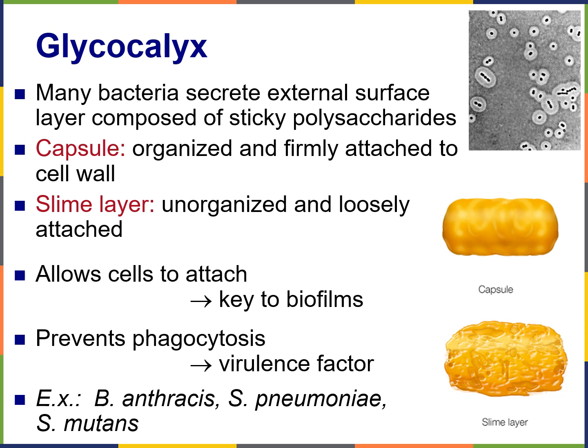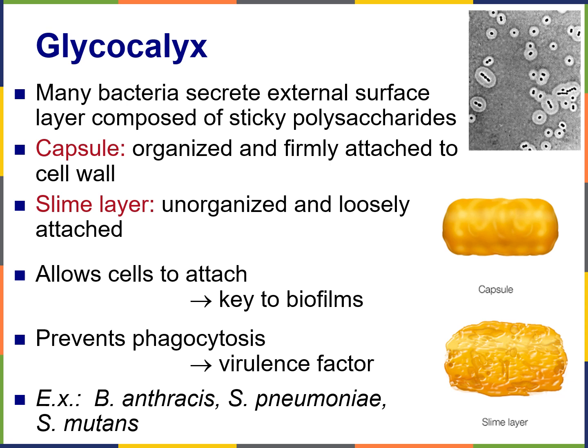Because when it comes to the slime layer, it's still glycocalyx, it's still sticky, but with the slime layer, it's unorganized, it's loosely attached. There may be patches on the outside of the bacteria cell where the slime layer is missing, so it's patchy. So that is basically the difference between the capsule and the slime layer. It comes down to the organization of the glycocalyx on the outside of the bacteria.